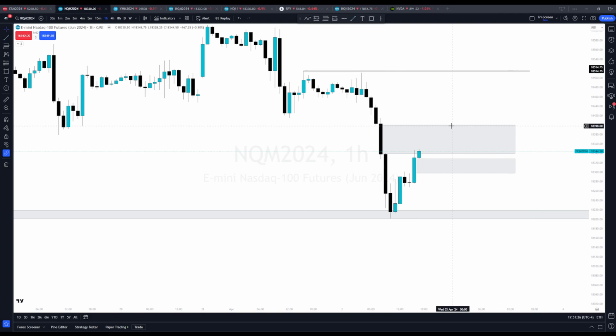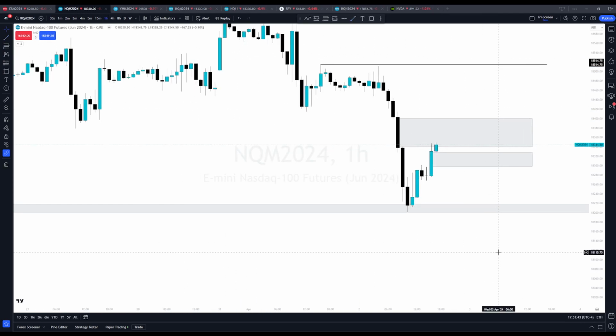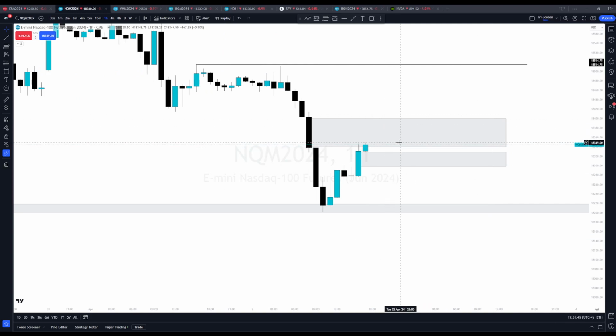So that's my two things I'm watching going into this evening, as well as inside of the hourly is a 15 minute FVG that has not been tapped into yet. But I do like this LRLR that's kind of built up here on the 15. So like I said, we'll be patient like we always are, and we'll wait and see what happens here.